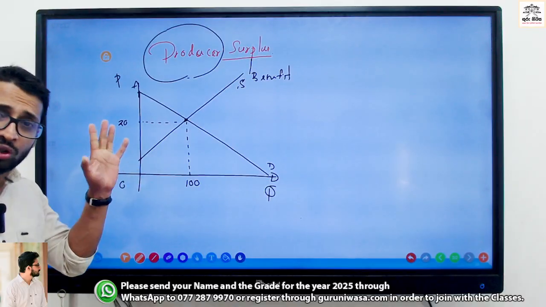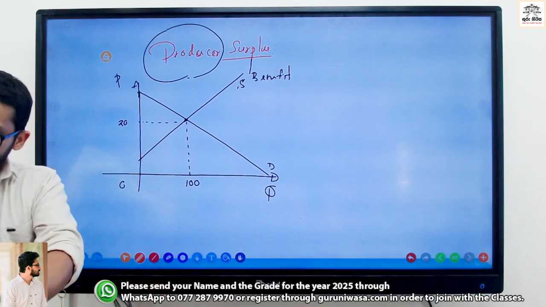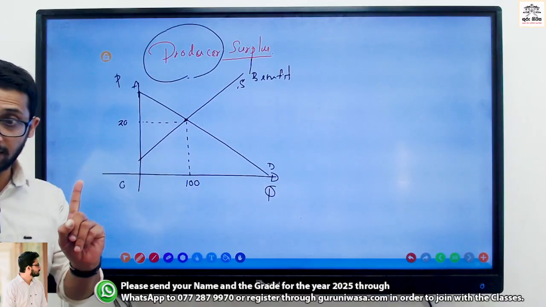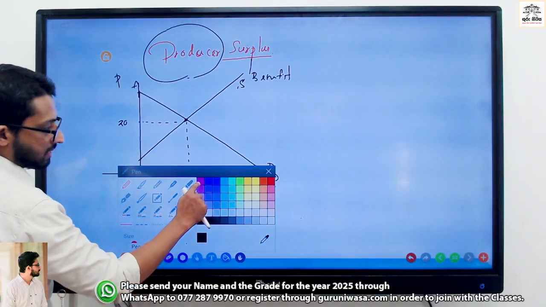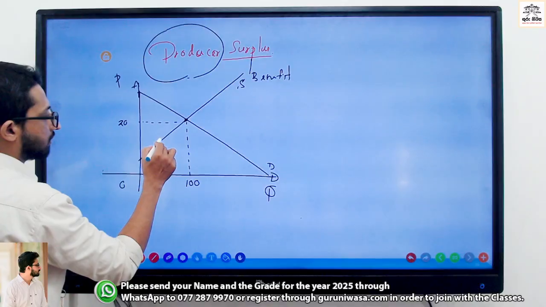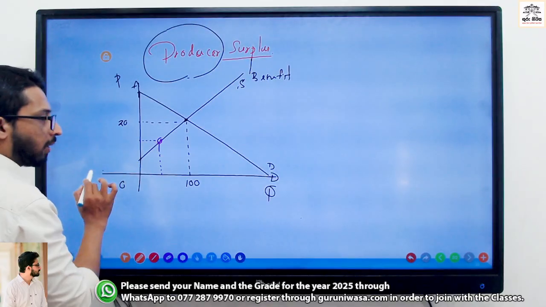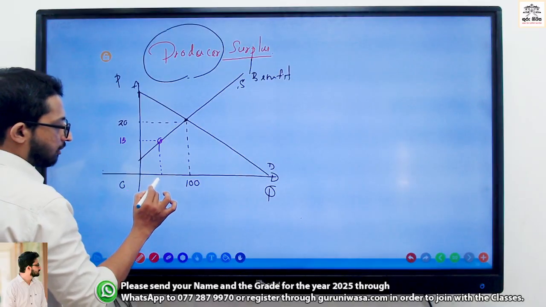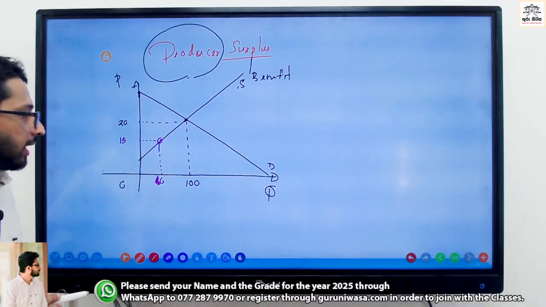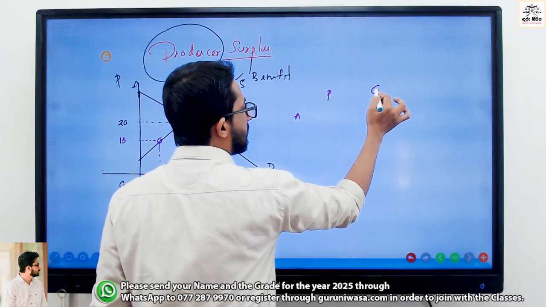The consumer pays 20 rupees and the producer also gets 20 rupees per unit. I'll take one point on the supply curve. At this point, assume the price is 15 rupees and the quantity is 60 units. Call this point A, with its price and quantity supplied.